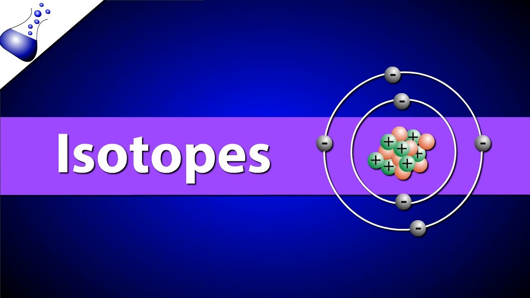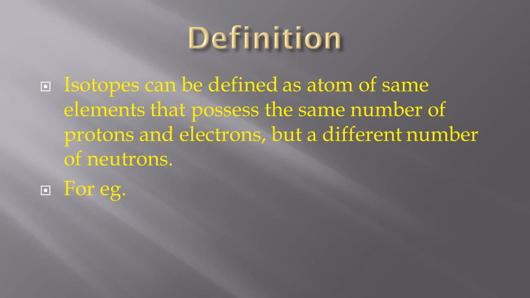Now let's see the isotopes. What are isotopes? Students, isotopes can be defined as atoms of the same element. Listen carefully. Atoms of the same element that possess the same number of protons and electrons, but a different number of neutrons.